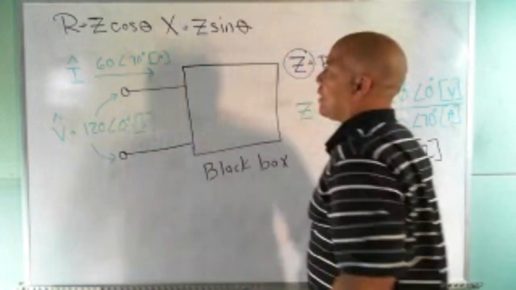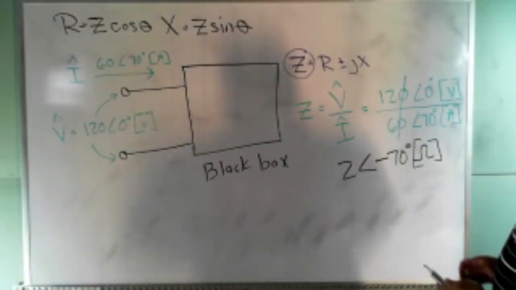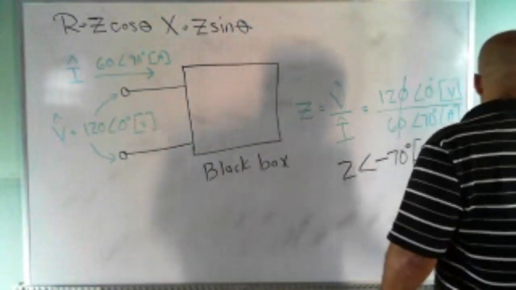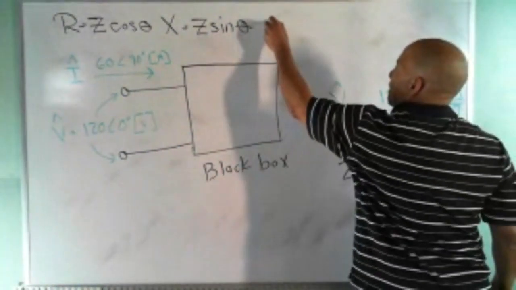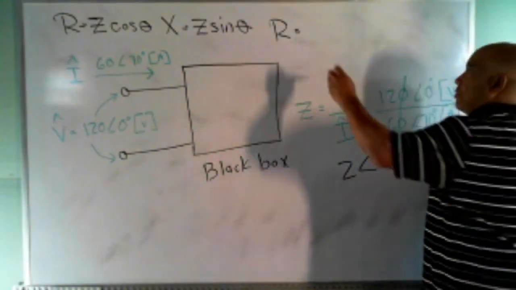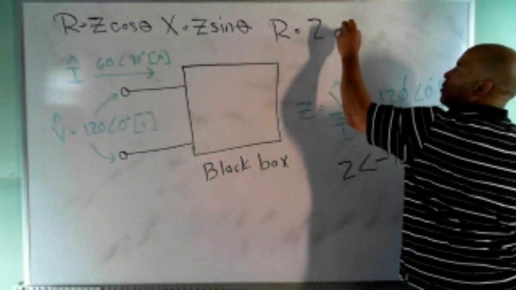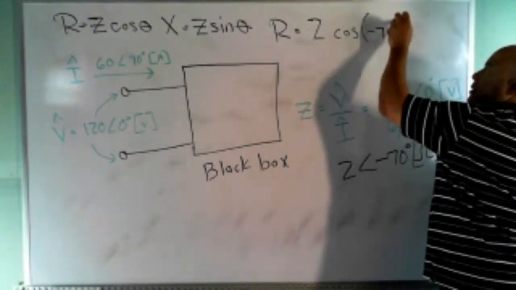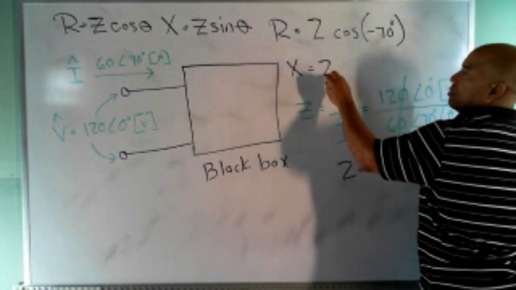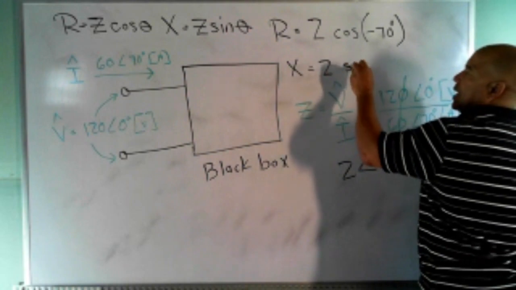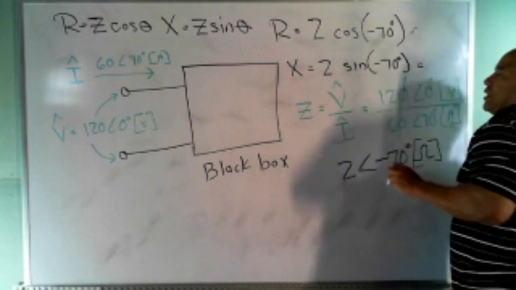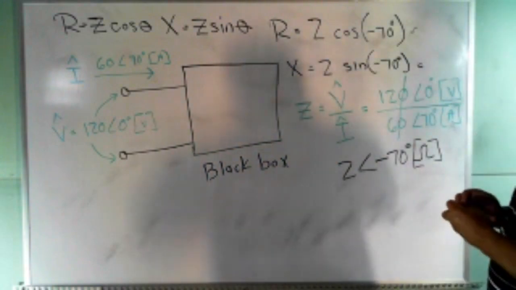So that's how you get R and X. Let's go ahead and do that and see what we got. R is going to be Z, which is 2, cosine of minus 70 degrees, and X is going to be, again, Z is 2, sine of minus 70 degrees. So let's get those values and let's see what you got.